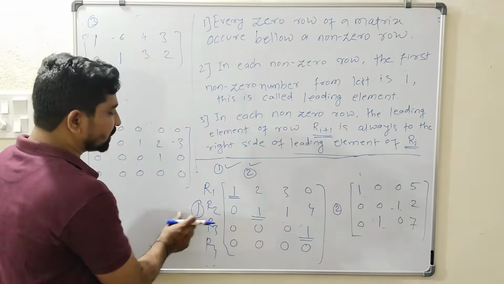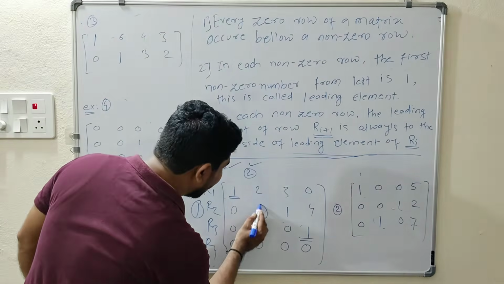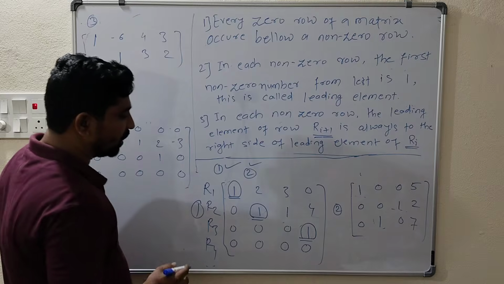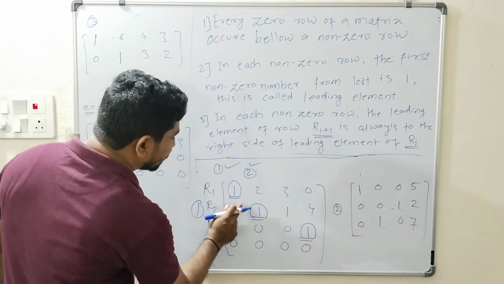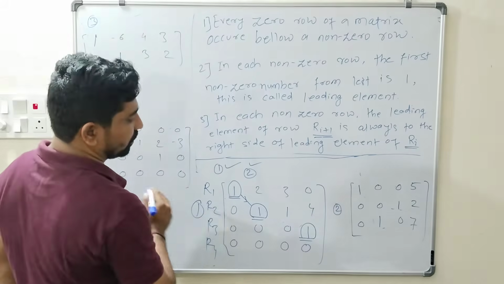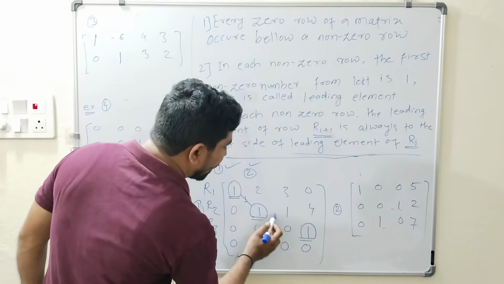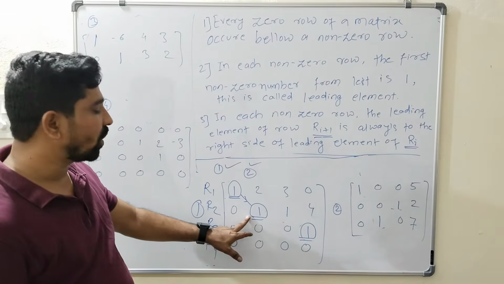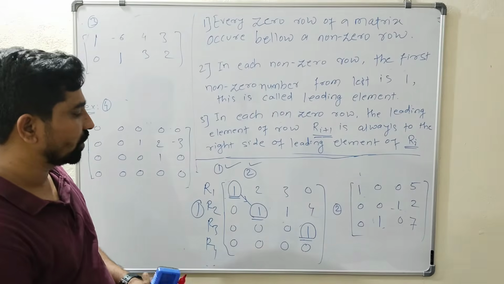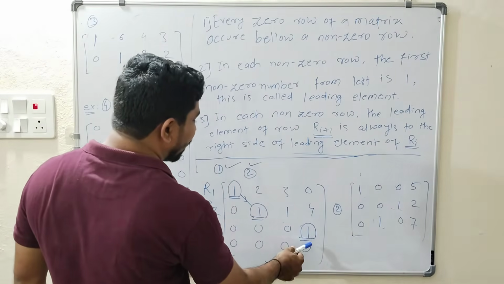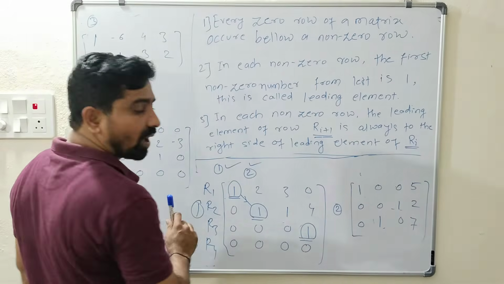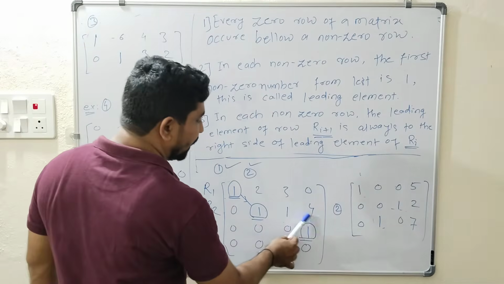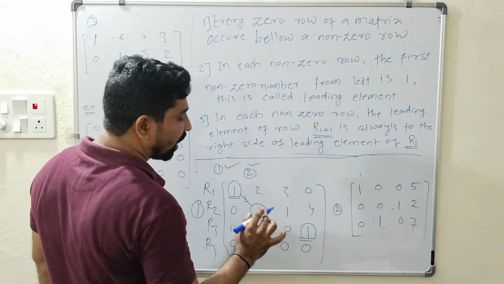Here in this example, this is the leading element of R1, this is the leading element of R2, and this is the leading element of R3. The leading element of R2 occurs to the right of the leading element of R1, and the leading element of R3 occurs to the right of the leading element of R2.